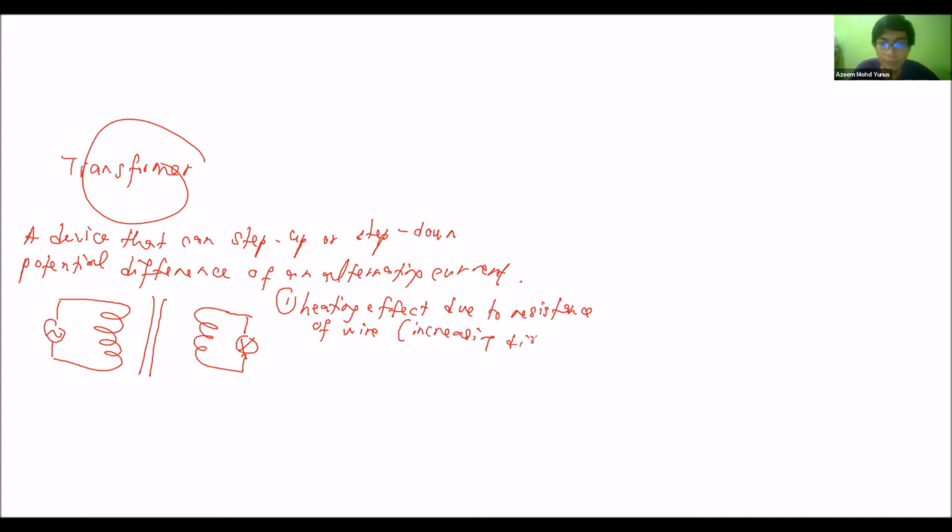Number two is eddy current. Heating effect due to eddy current. How are we going to overcome that? We use a laminated soft iron core.